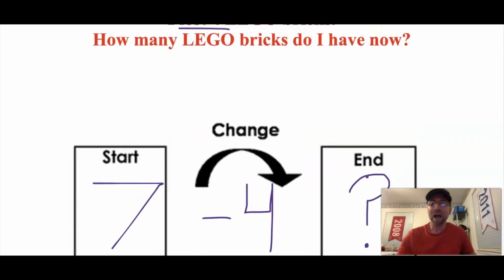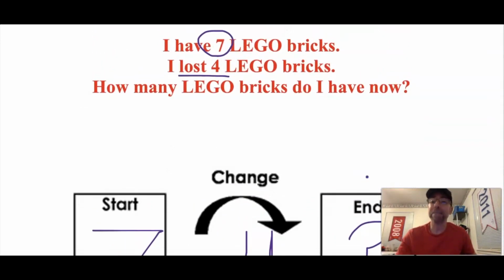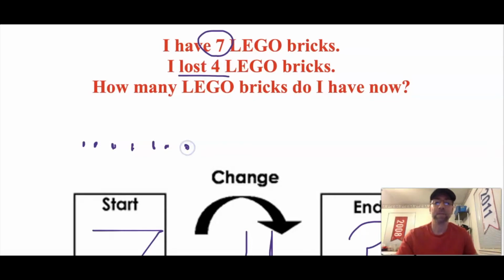Now I can solve this problem by drawing a math picture. Let's go ahead and draw a math picture on our sheet protector. Remember that a math picture uses simple dots. I have 7 Lego bricks. 1, 2, 3, 4, 5, 6, 7. I lost 4 Lego bricks.